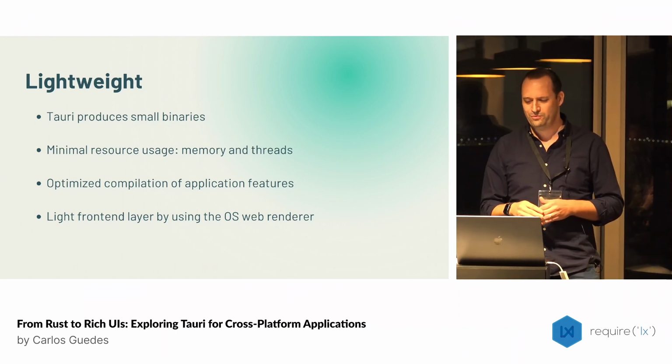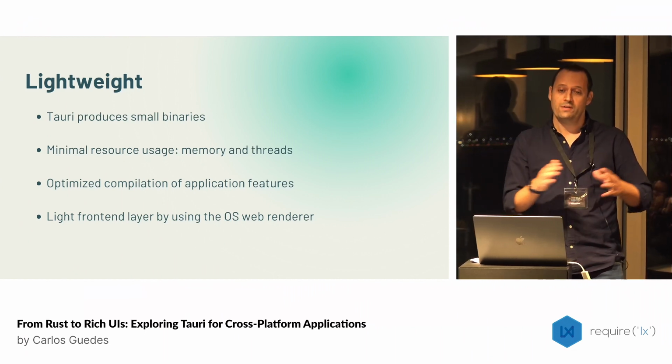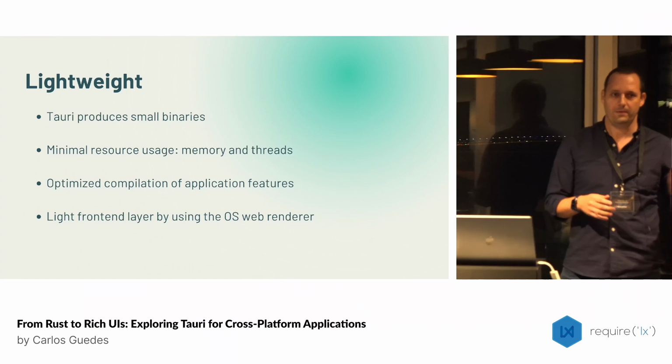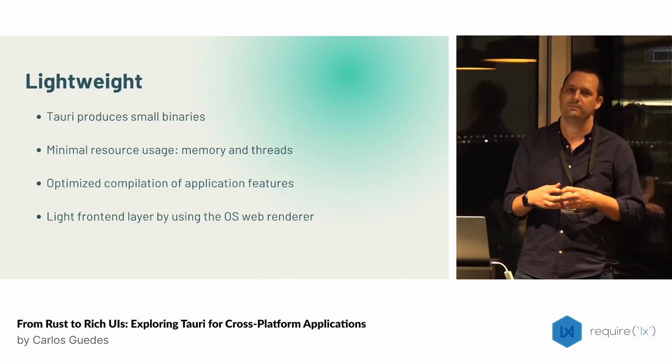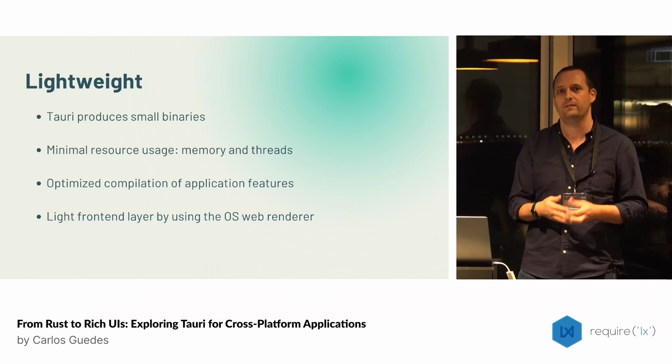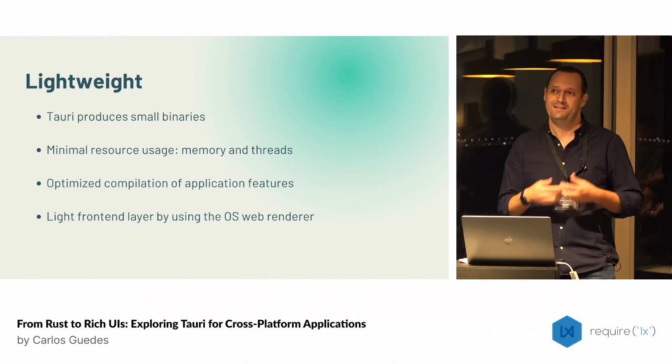I don't want to go to that point because they have their reasons, but we're going to see around 5 megabytes for these. And that's important when you think about an app that's going to be downloaded and updated.